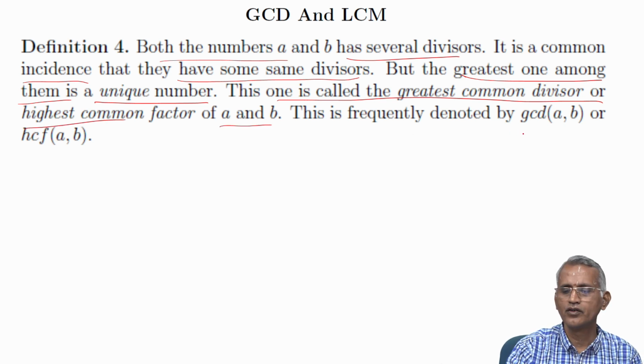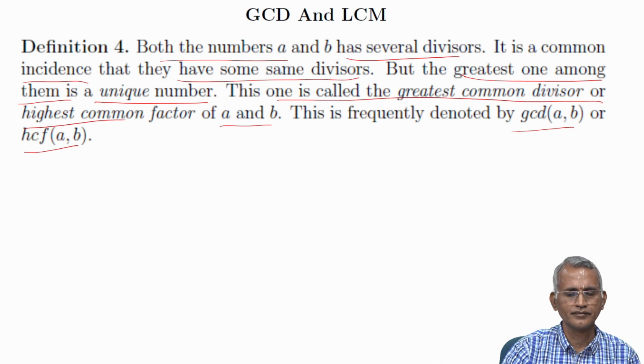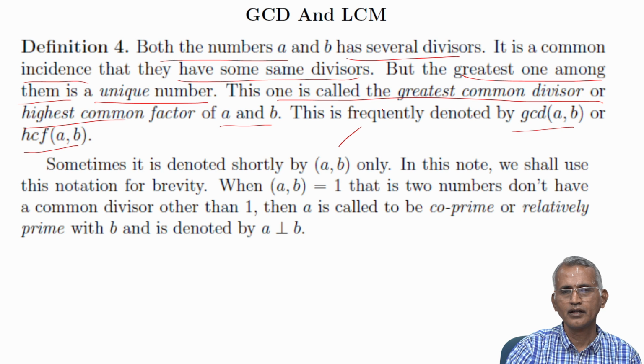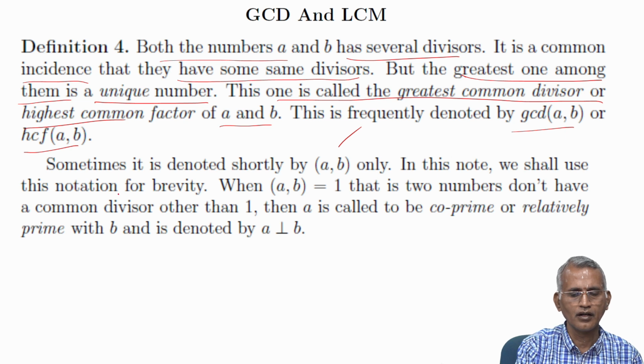This is frequently denoted by the GCD of A comma B or HCF of A comma B. Sometimes it is denoted shortly by (A, B) only. In this note, we shall use this notation for brevity.